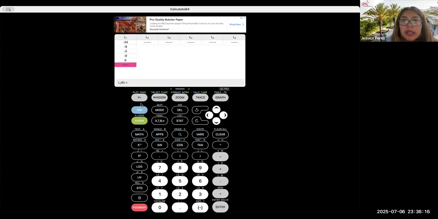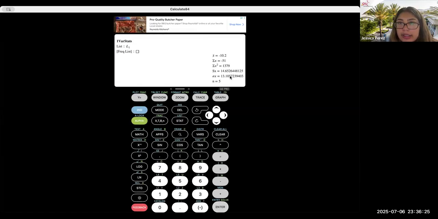Now that we have the L1 data, we're going to go into second quit, stat, calc, 1-Var Stats, hit enter, and then we find this x bar, which is actually d bar. So x bar is d bar in this section because we're looking at the mean difference. That's going to be negative 10.2.